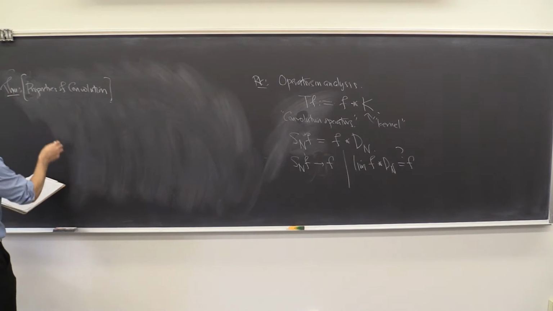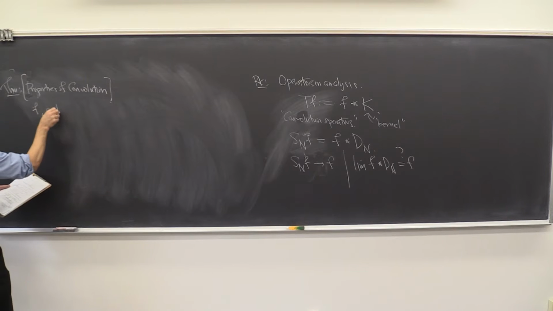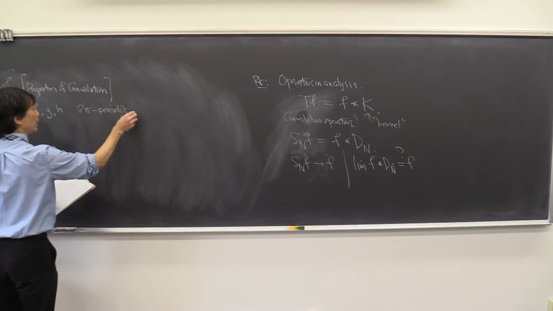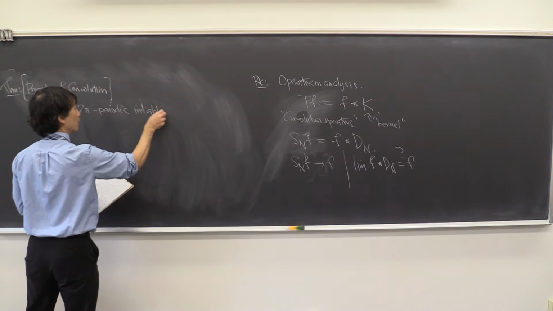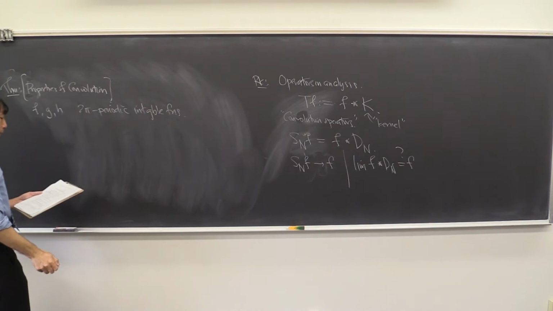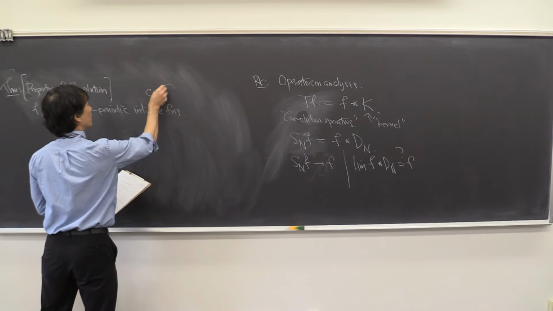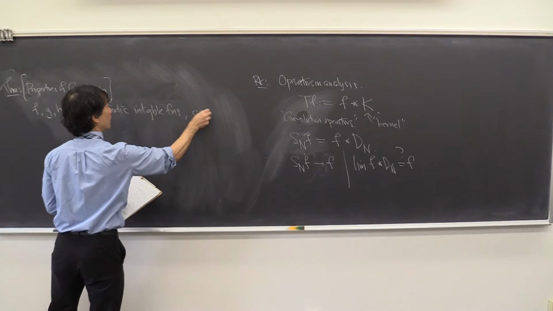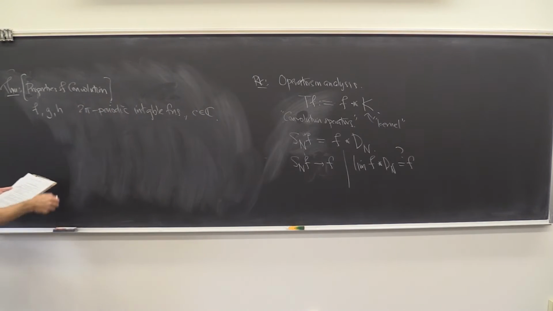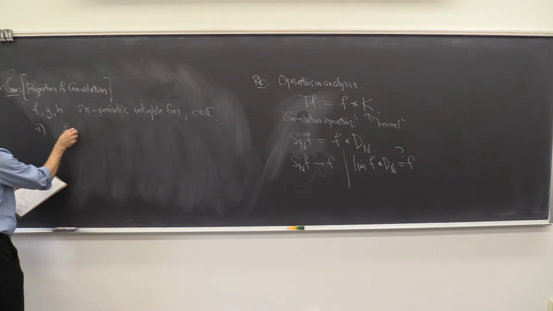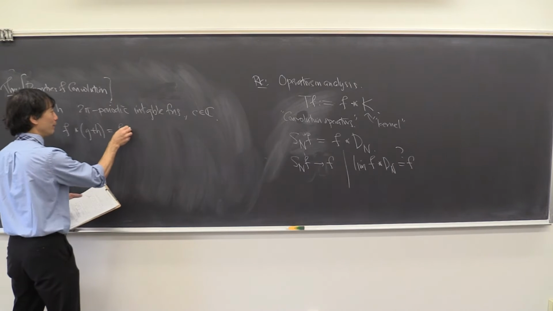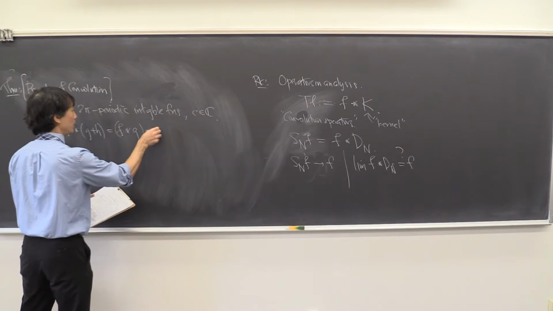If you have f, g, and h, which are all 2 pi periodic integrable functions, and some constant c, then f convolved with g plus h equals, as you might expect, f convolved with g plus f convolved with h.